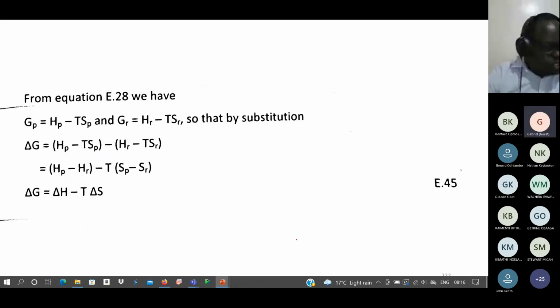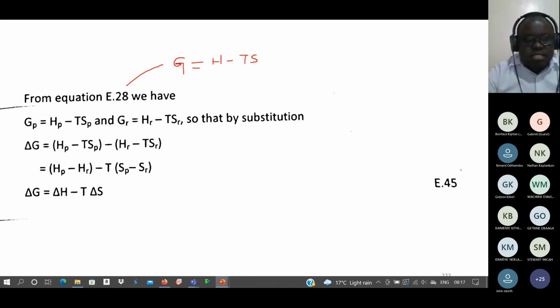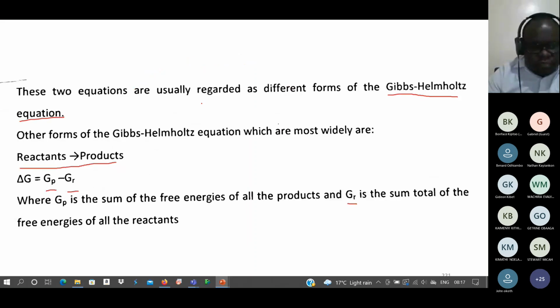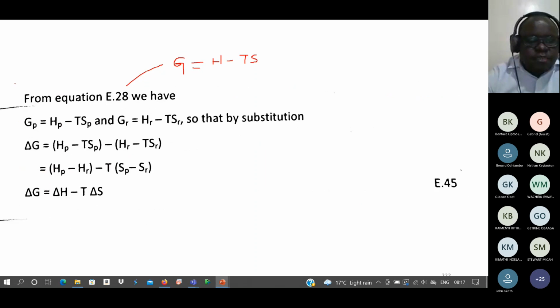Now from equation E28, just a reminder, we have seen this one, G equals H minus TS. There's a way we can express this previous expression here. So GP, or the sum of all the free energies of the products, will be given by HP minus TSP.